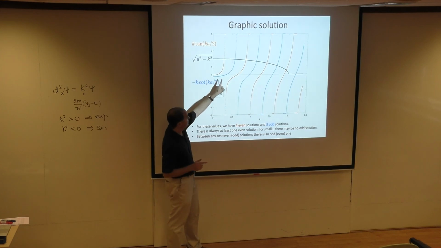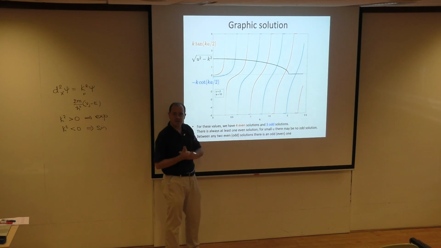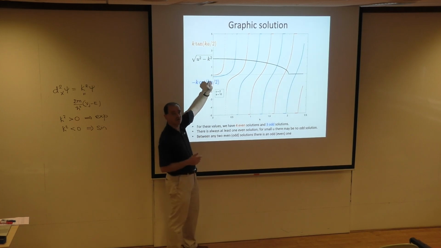The curve in black is lambda, which is the square root of u squared minus k squared. So remember, the even solutions were such that lambda is equal to that guy. The odd solutions were such that lambda is equal to that guy.